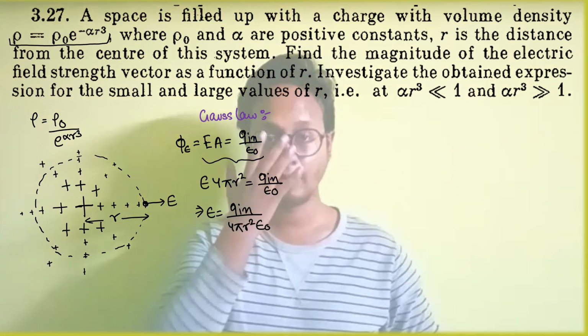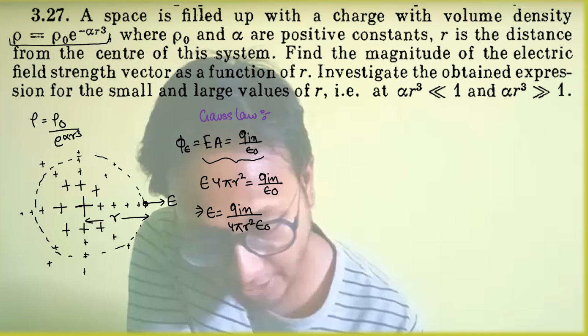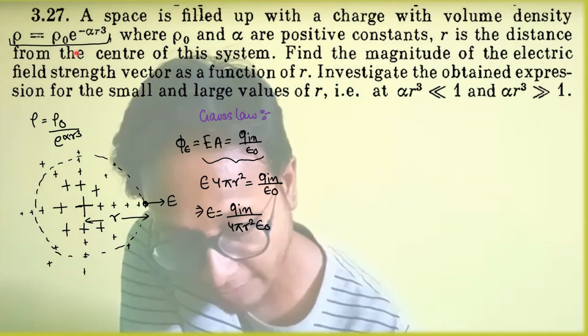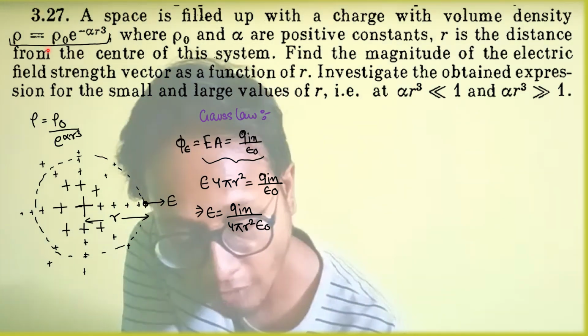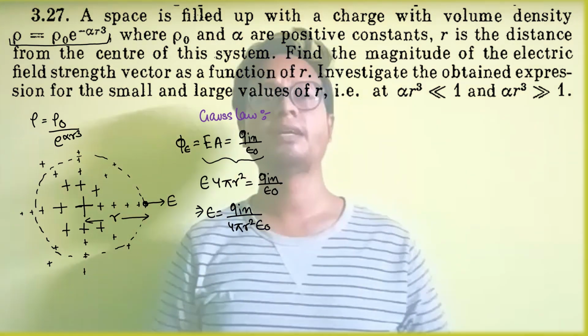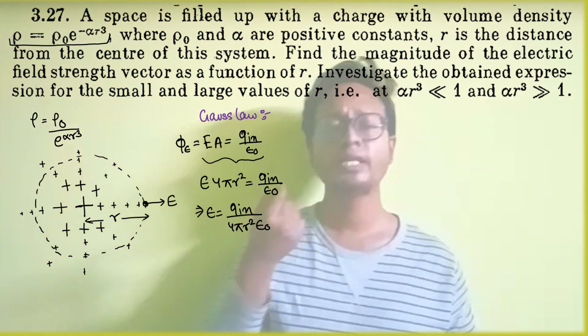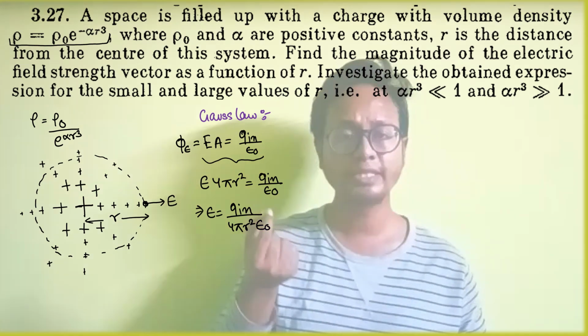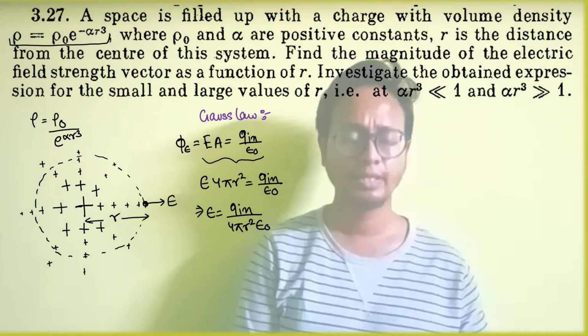But we have a problem out here. The charge inside this sphere is not uniform, but given as a function of charge density, or volumetric charge density. So how is a sphere integrated? A sphere is integrated in the form of thin shells. Thin shells integrated from 0 to r form a sphere, isn't it?